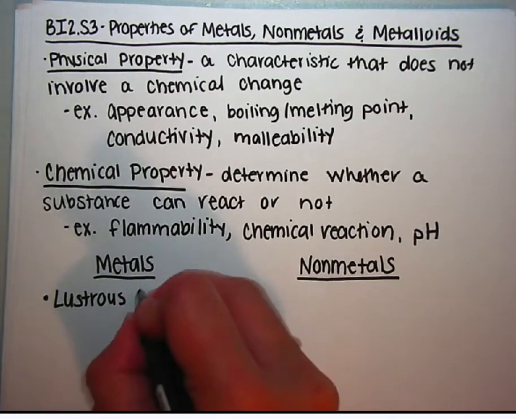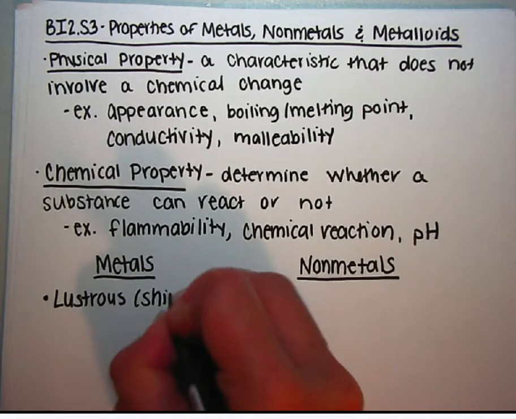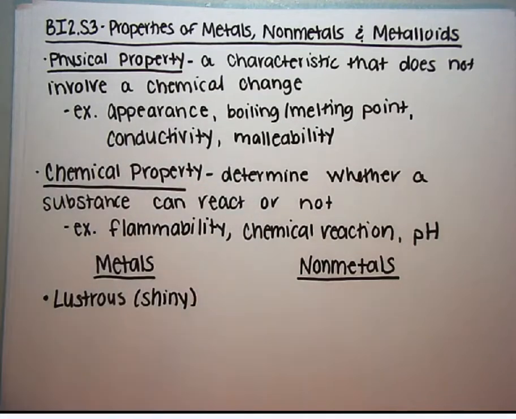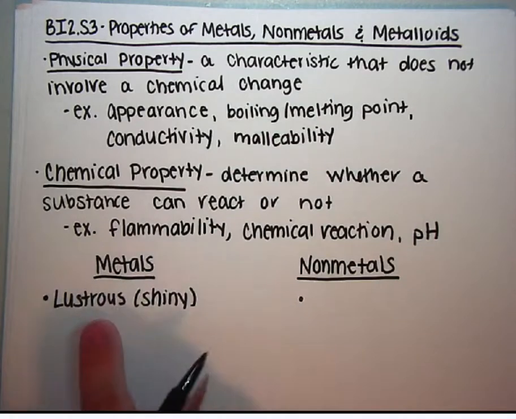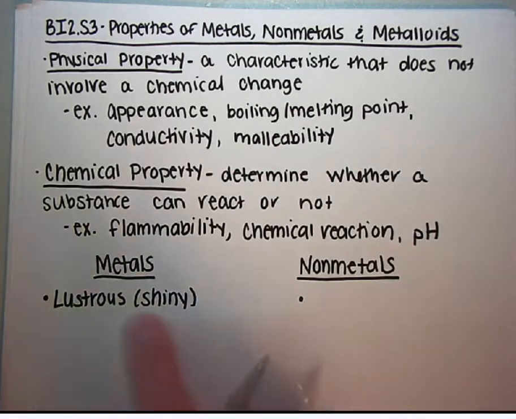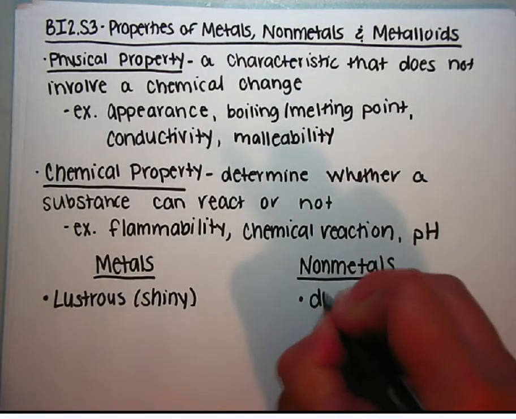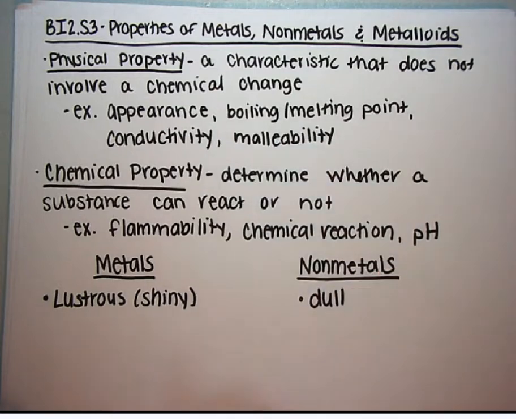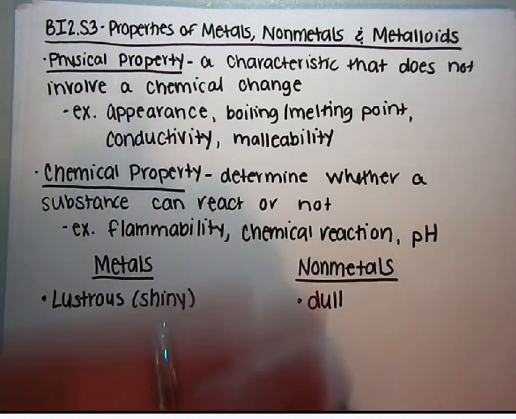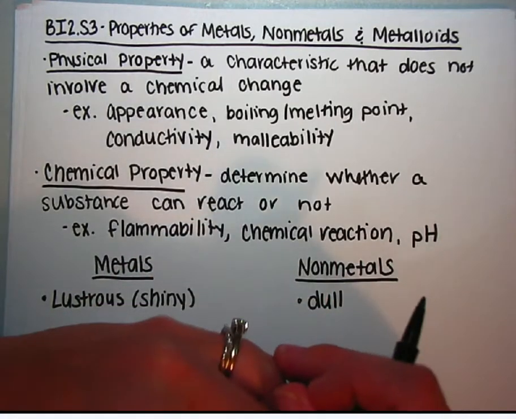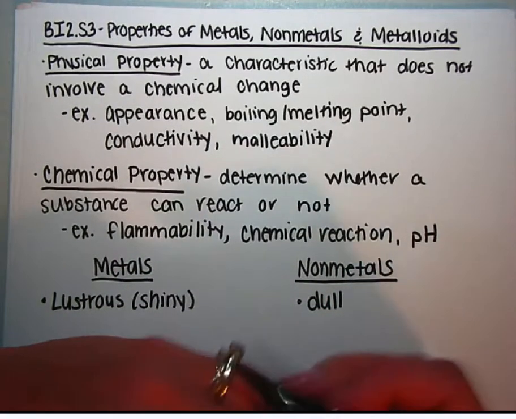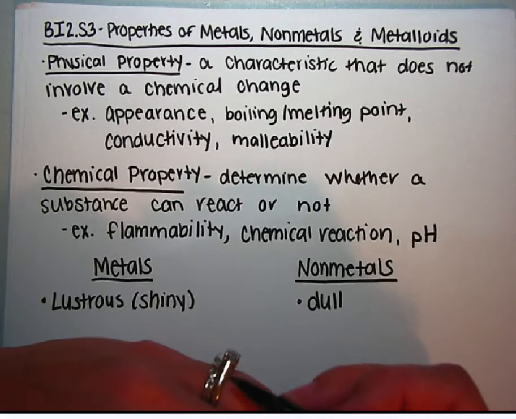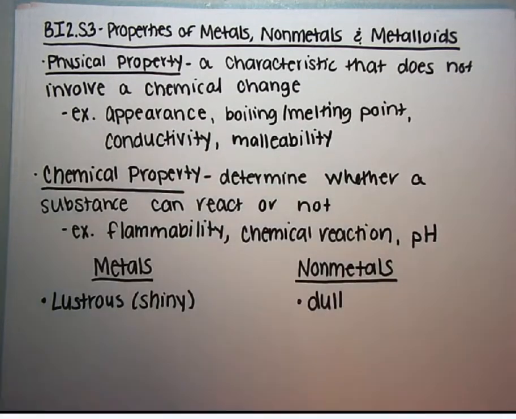This is just a fancy way for saying that metals are shiny. Whereas nonmetals are not lustrous, they're not shiny, or we say that nonmetals are dull. That's something that you should be familiar with. The only metal I have near me right now is my ring, and we can see that it is shiny, so it is lustrous.